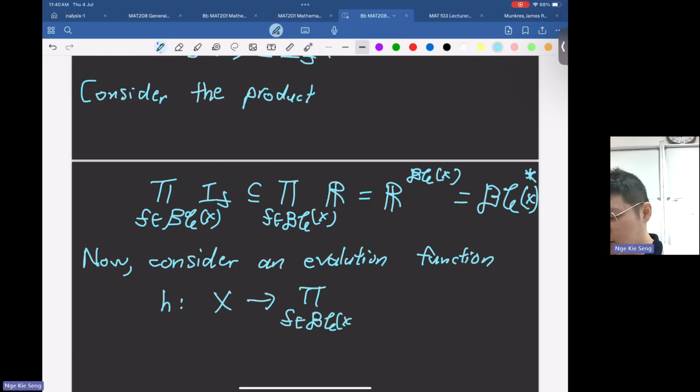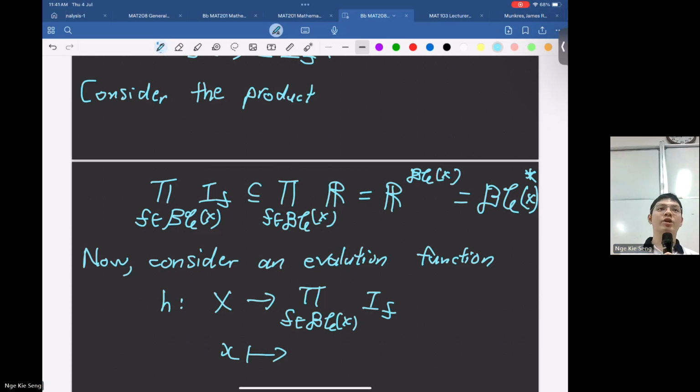Okay. What's the natural way to do this? I give you a point. How to go into this space here? What's the natural way to do it?